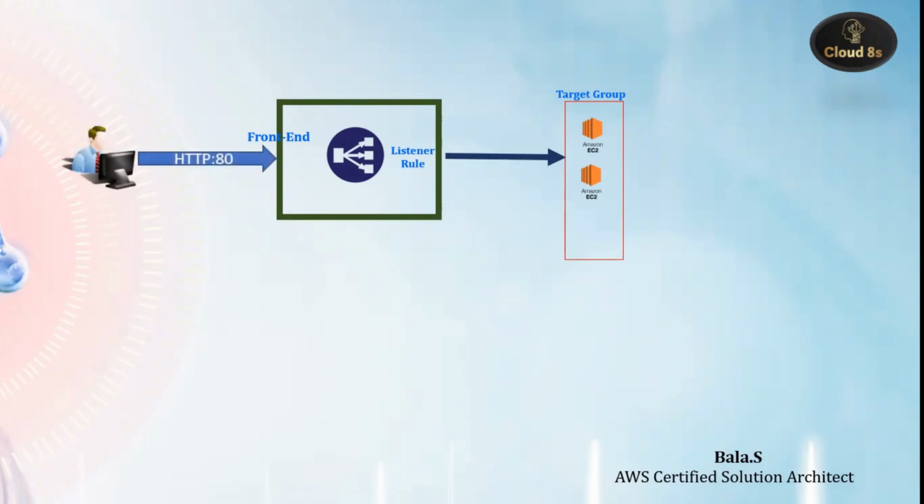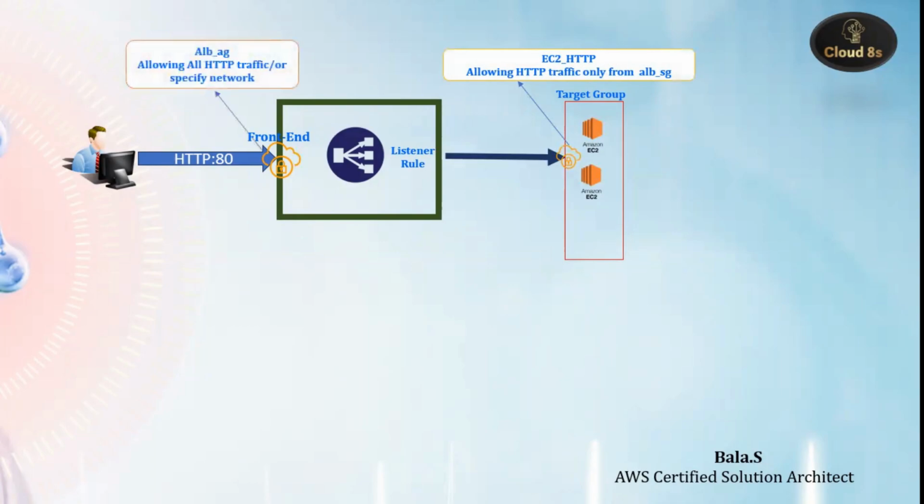Basically, if the user tries to connect on that port, it will forward the traffic based on the listener rule. Then we configured rules on both the EC2 instance security group and the ALB security group. On the EC2 level, we only added a rule allowing traffic coming from the application load balancer, and at the ALB level we can add a specific network or all networks, depending on the situation.